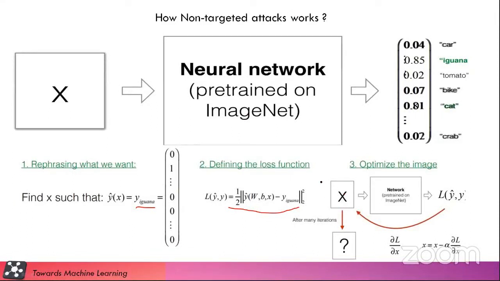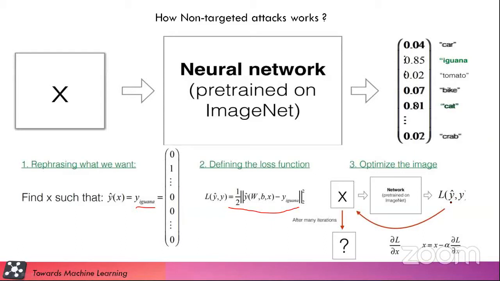And what we will do here, we start with X as white noise. So we start with X and forward propagate it in the network. I said we have a very good network that is best at classifying objects, so that's the assumption we have. We forward propagate the image in the network, and the network computes the loss.